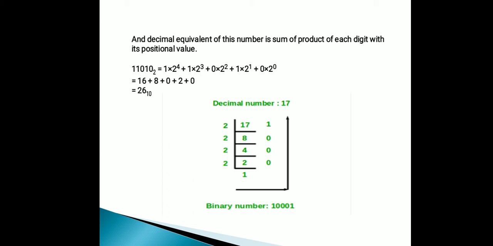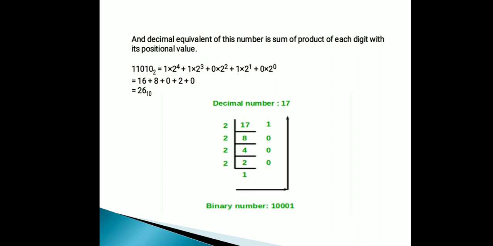Now I am going to show you how to convert a decimal number to a binary number. Keep these steps in mind while converting.